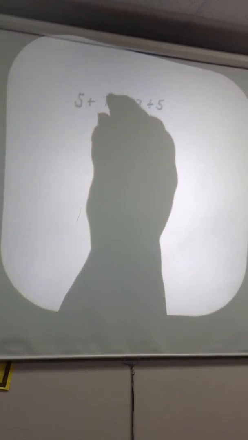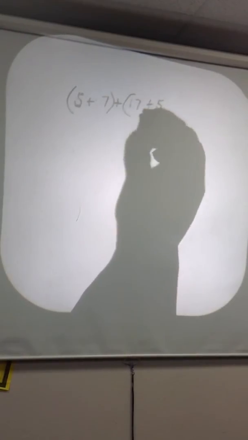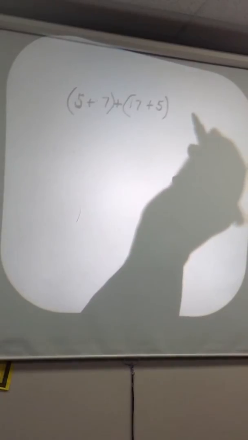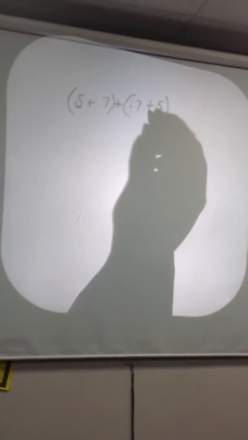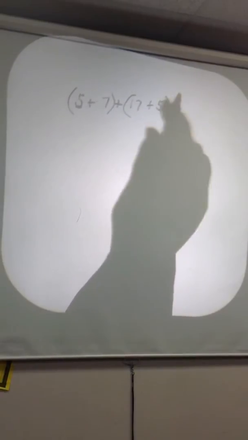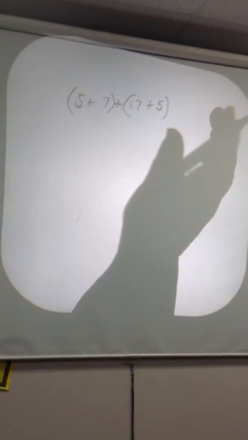Okay, if you were going to associate them, and you wanted to do it in order, it would be like that. If you're only going to do the associative property, then that's what you have. If you're going to commute something, then you have to move them first. That make sense?